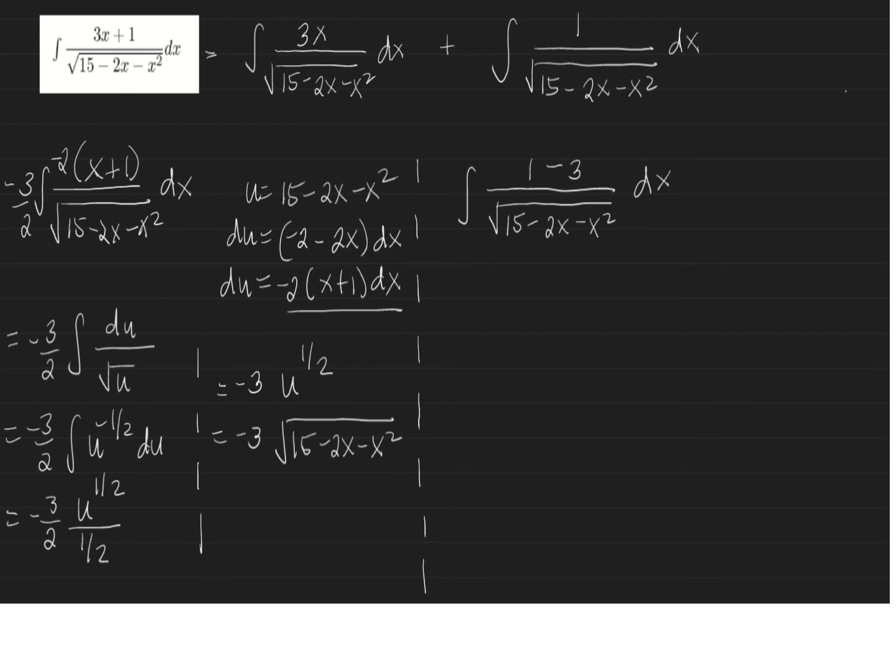Now we move to the second term. We now have integral of 1 minus 3 over the square root of 15 minus 2x minus x squared dx. So this becomes negative 2 over square root of 15 minus 2x minus x squared. Now here we're going to perform completing the square. Again, we are going to isolate the variables from the constant.